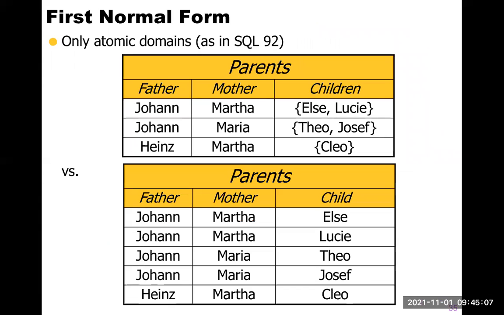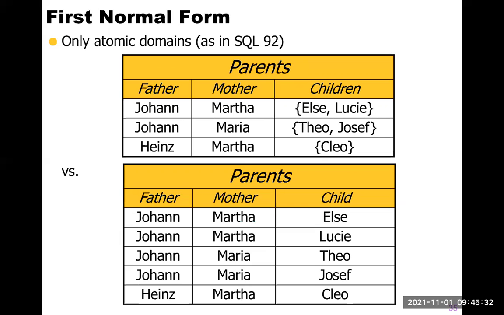And then we go to first normal form, and first normal form tells us that we are not allowed to put anything but atomic values in every column. The upper table here contains lists in a field of children. Children is a list.